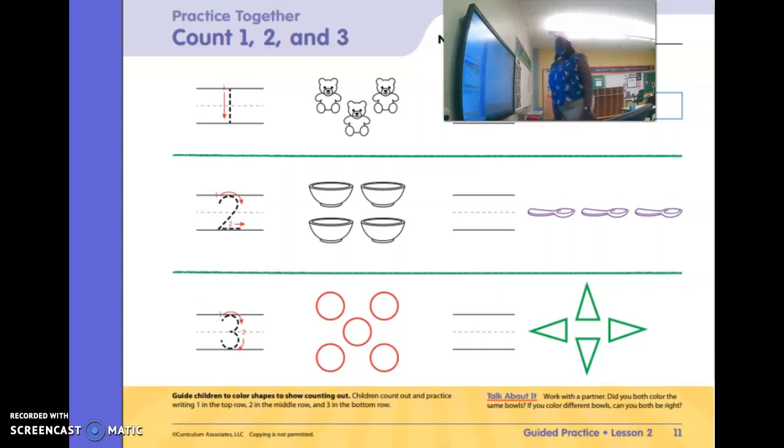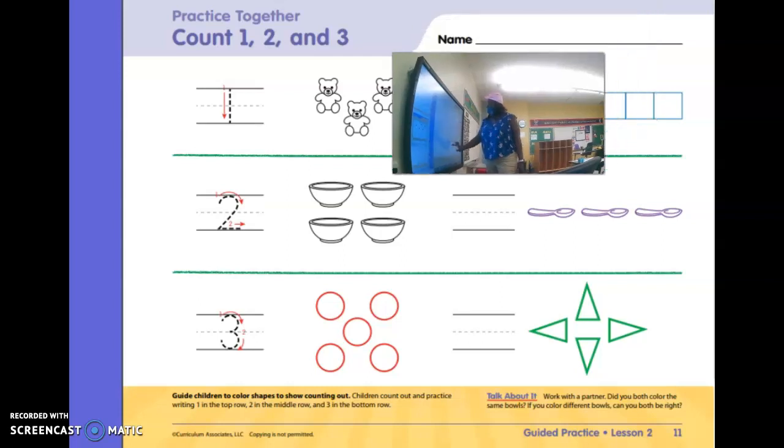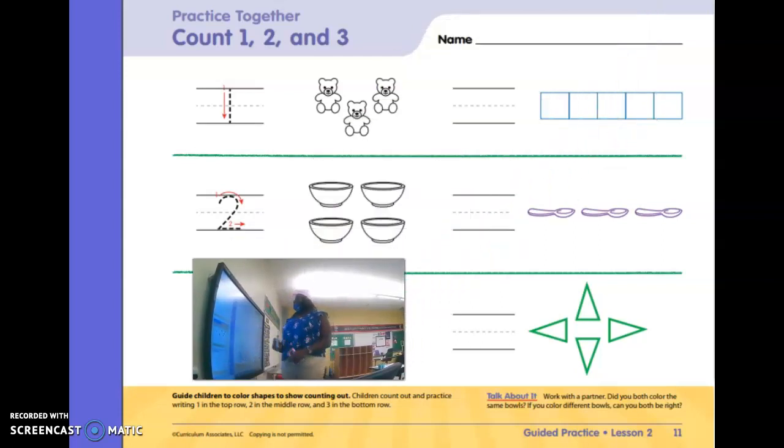Okay. We're counting again. 1, 2, and 3, right? So, let me move the camera. We're going to trace the number 1. Don't forget to put your name up here. So how many do we need? So we trace the number 1.